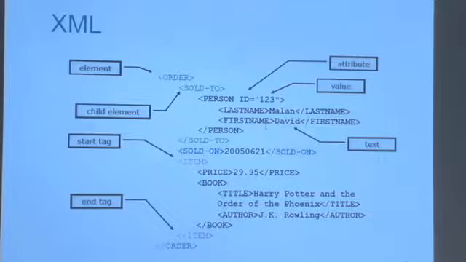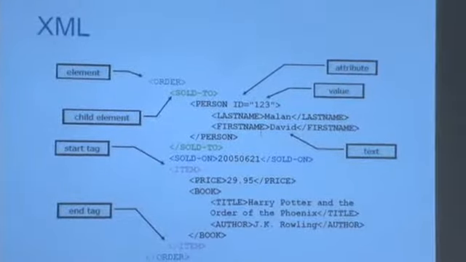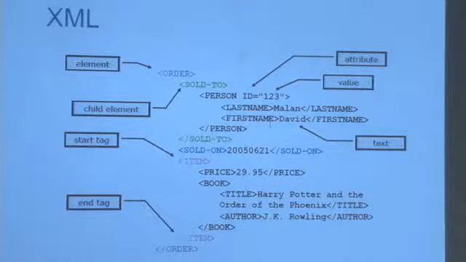When you're creating this XML, you can think of it as a tree where there's a root element, order, on the very top. And then there are these children or descendants of order: sold to, sold on, item. And then there are descendants of sold to, and descendants of item and book, and all these tags.